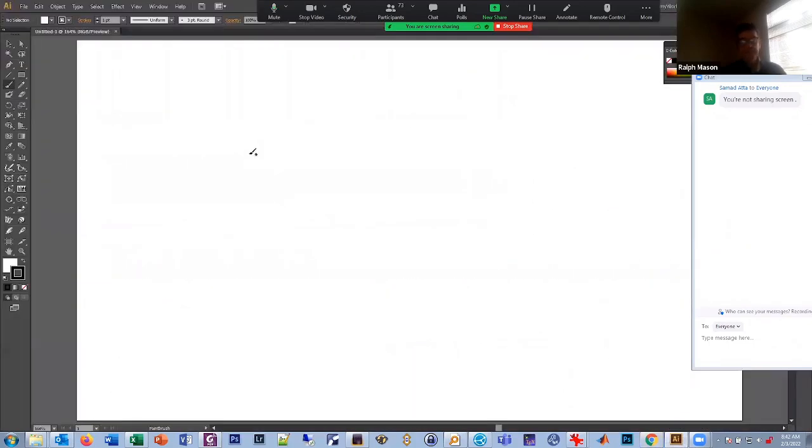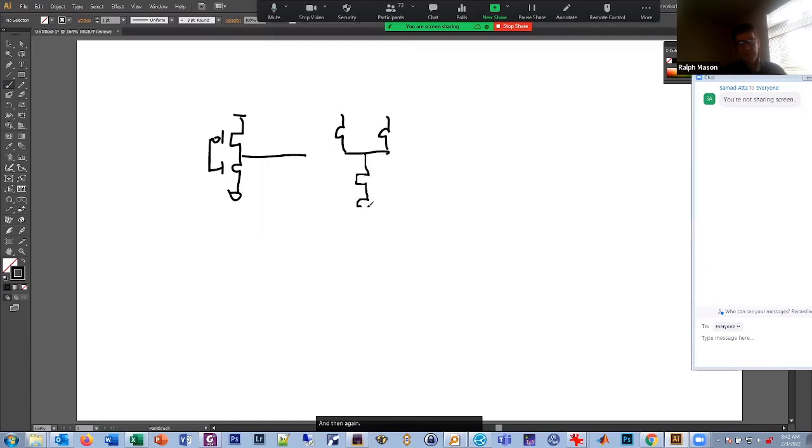Let's say I had an inverter and I had a NAND gate, like this. And for now, let's not worry about the other connection to the NAND gate.